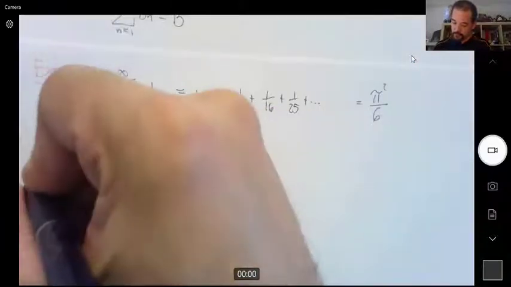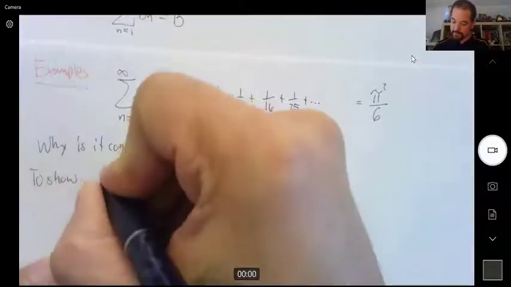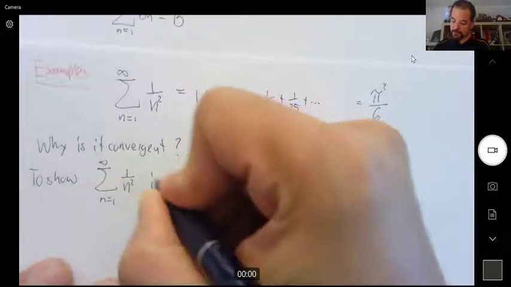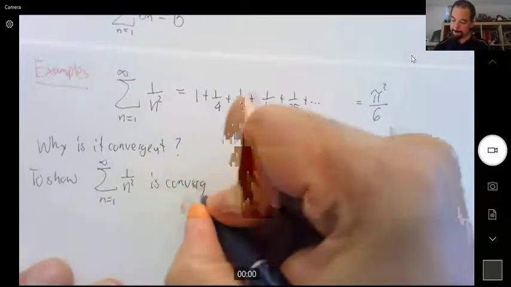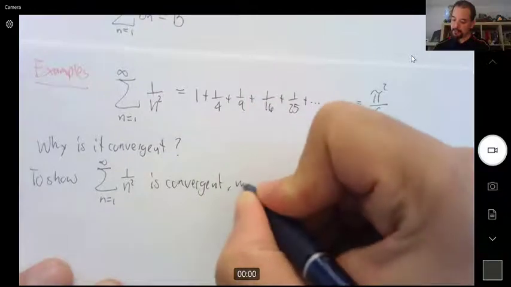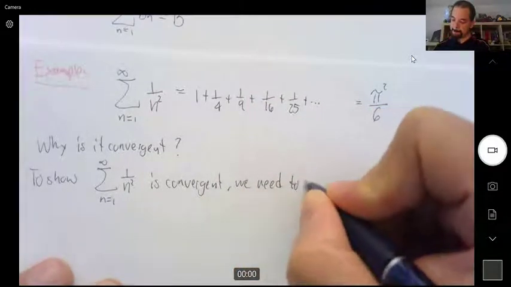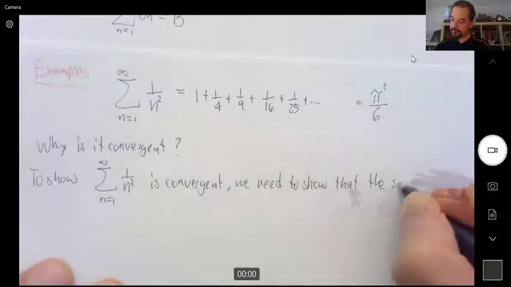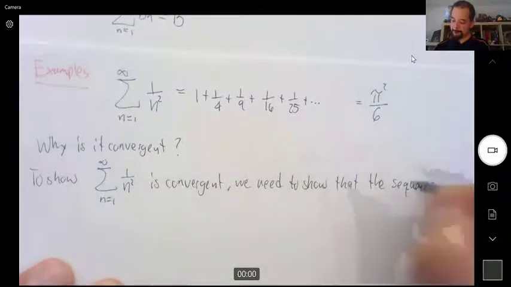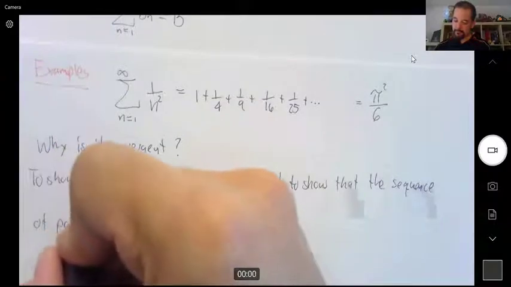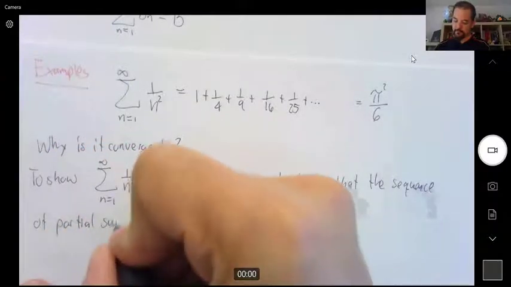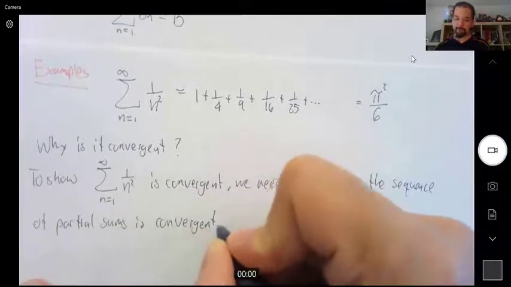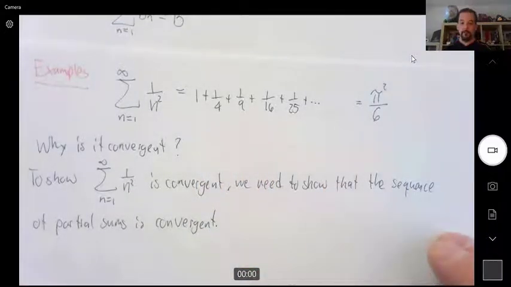So to show the series is convergent, we need to show that the sequence of partial sums is convergent, right? That's all we need to do.